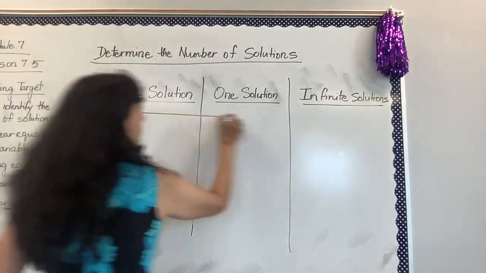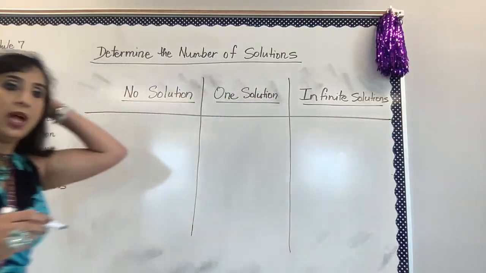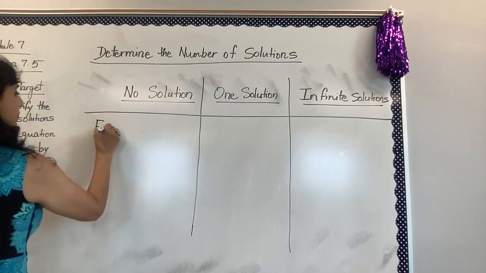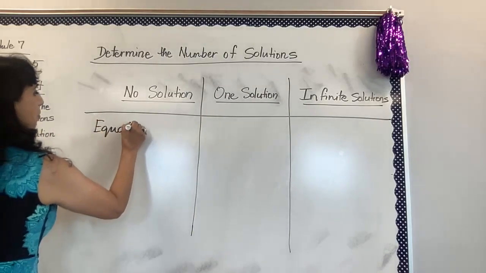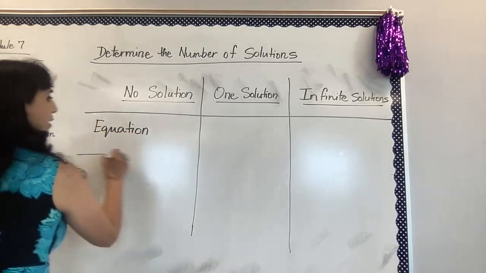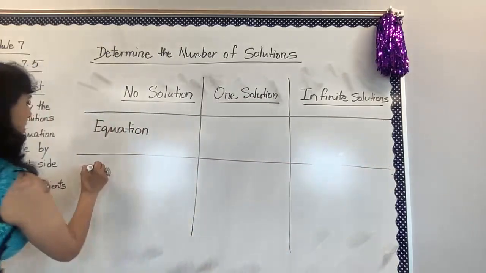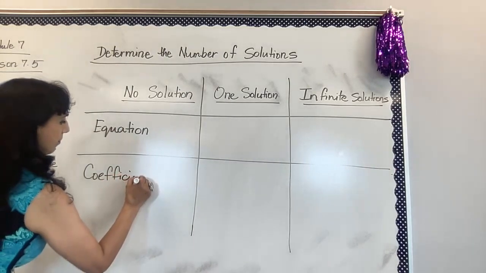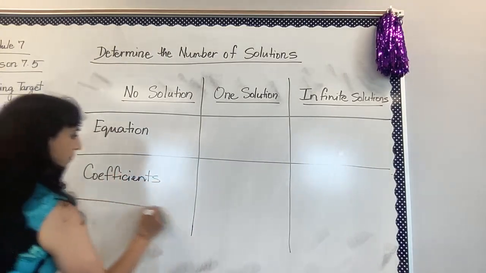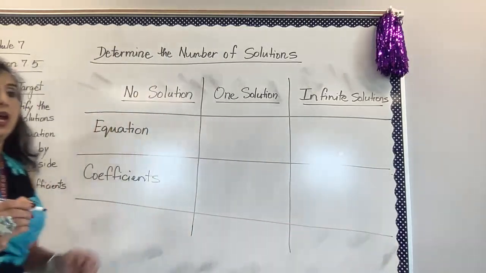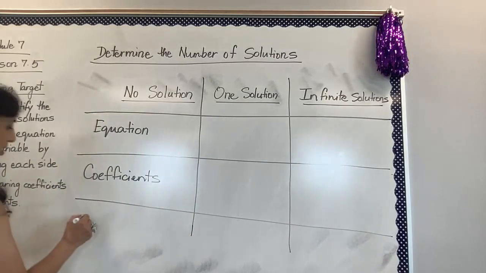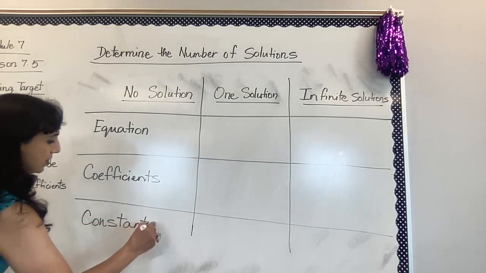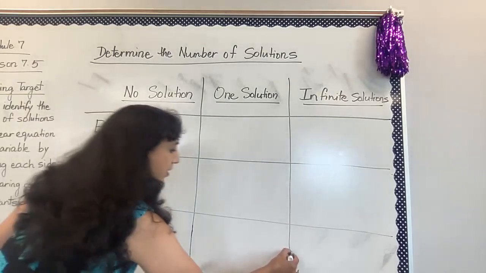All right, so just make it into a table. And then if I have an equation, I'm going to look at the coefficients, and I'm going to look at the constants.